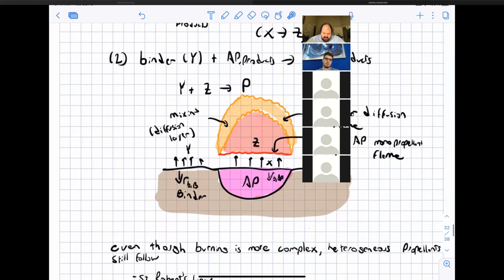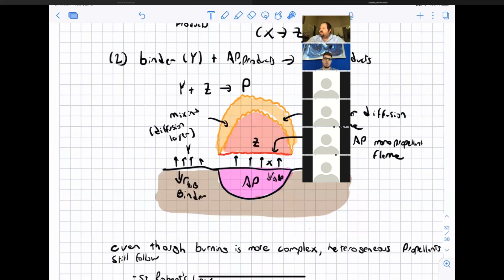Okay, so again, the flame structure, and so you see a lot of these little diffusion flamelets.